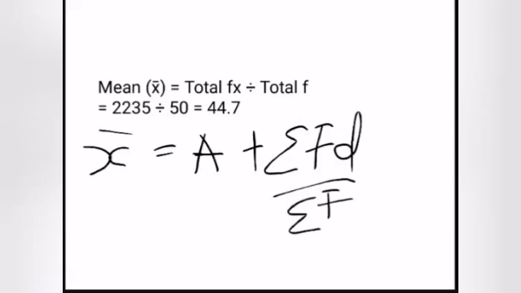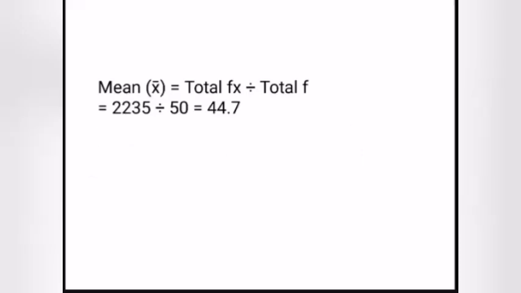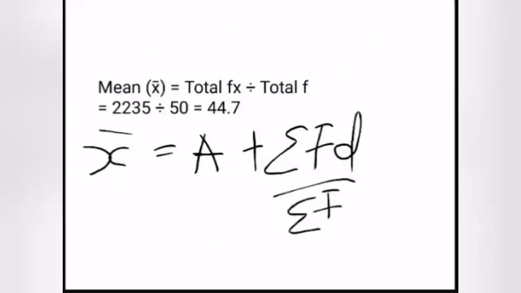So sometimes we're given an assumed mean, which is a, and we're asked to find the mean. Maybe the question says using assumed mean a is equal to 30. For instance, they gave a as 30 and they told you to find the mean.